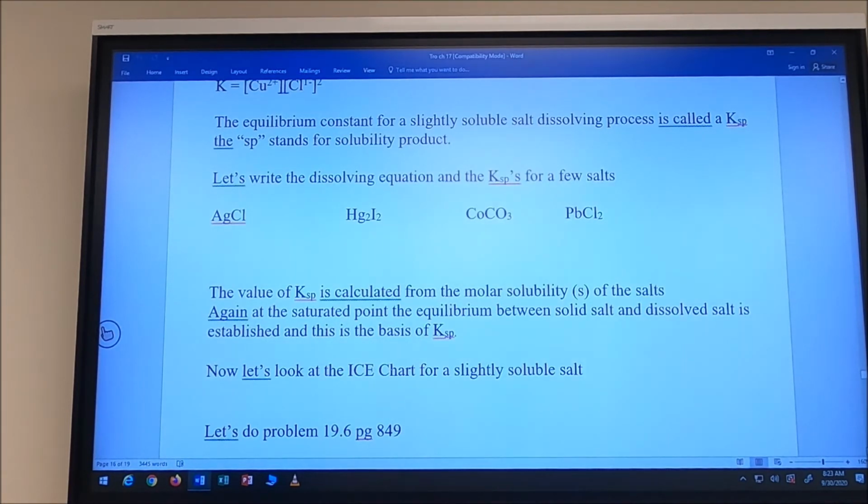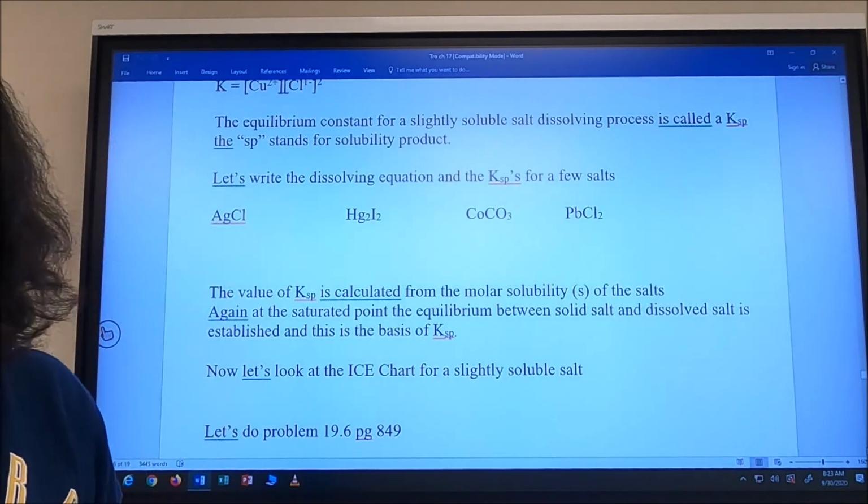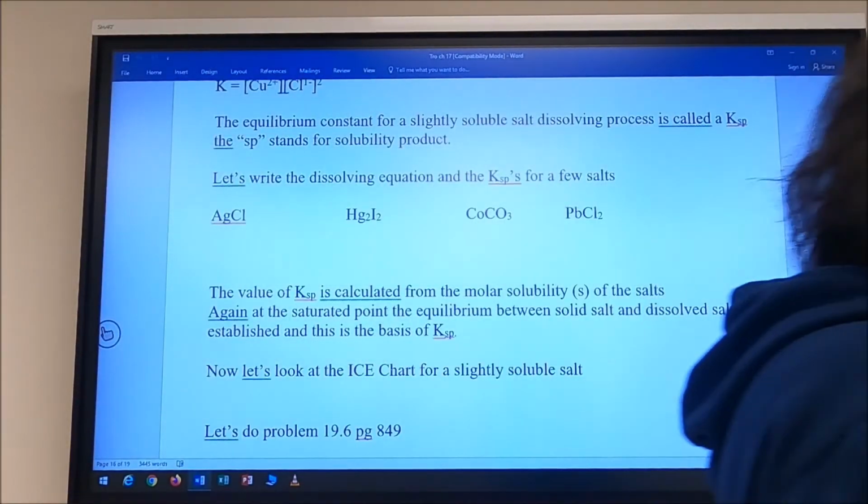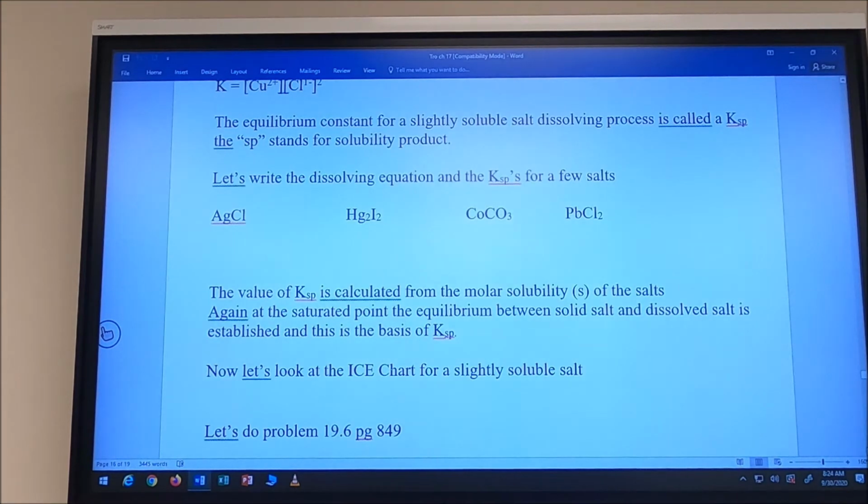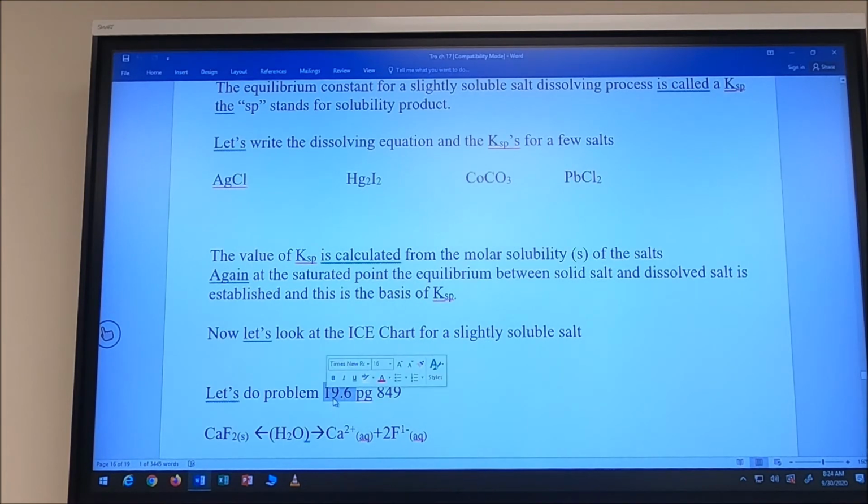Come on, book, work with me. So we're going to calculate KSP. The problem we're going to be working is 17.09 on page 772. Well, no, let's go through this example that I pulled from another book, and then we'll do the 17.9.